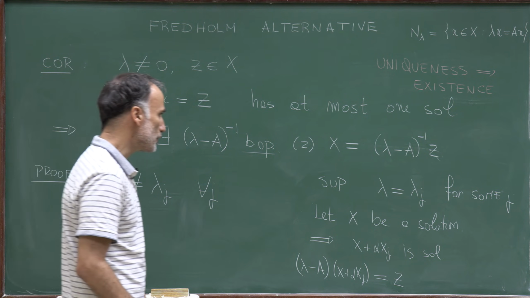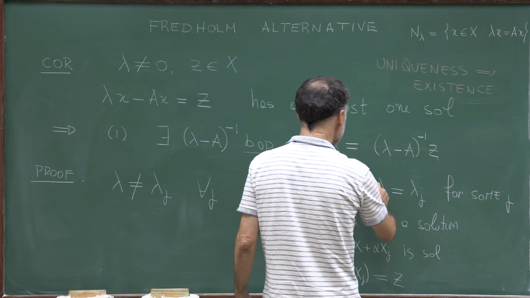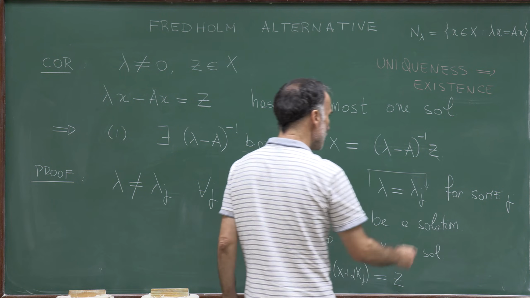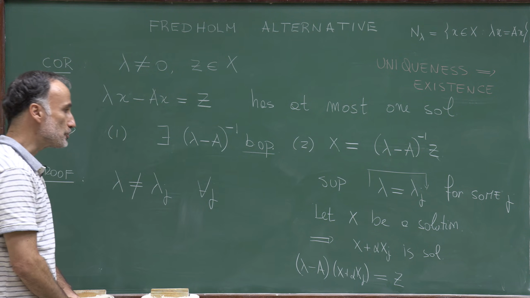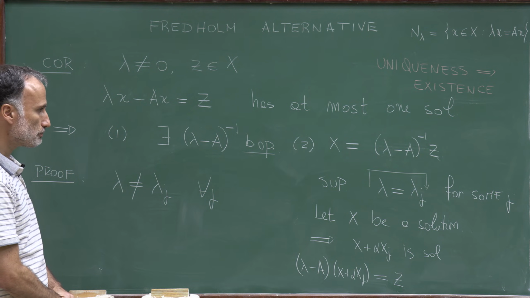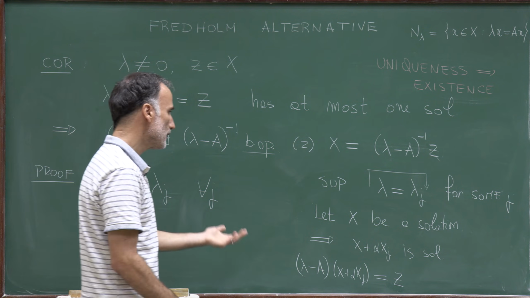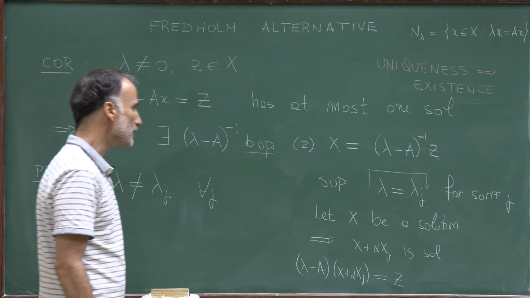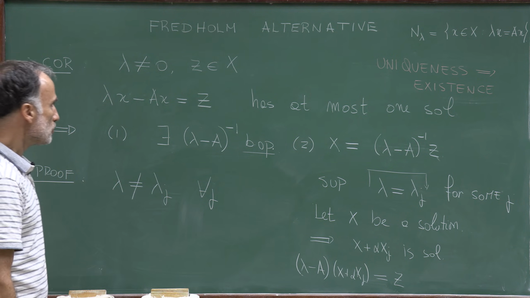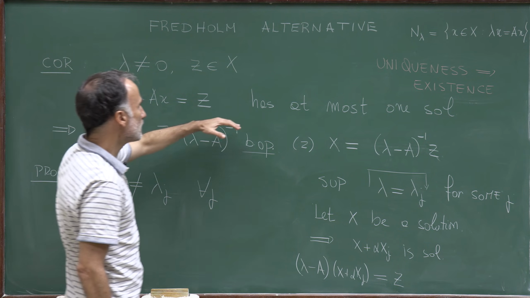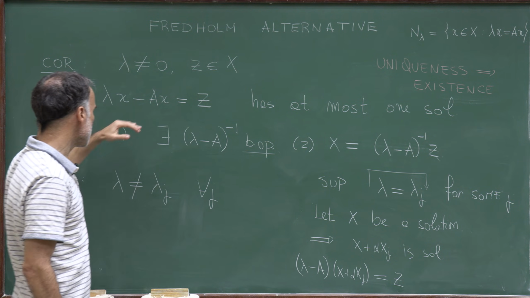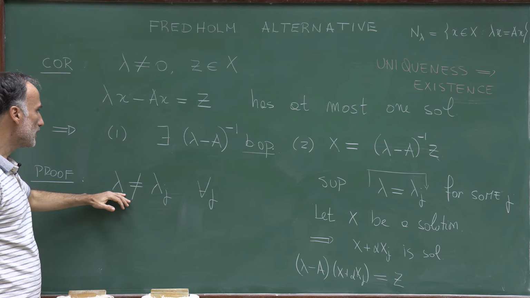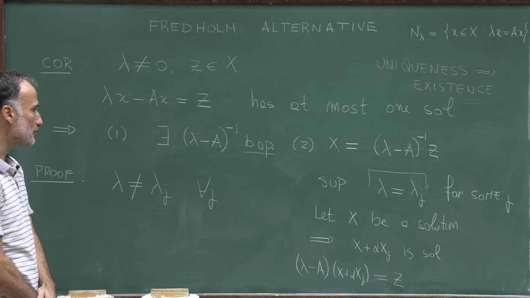So what we just proved is that if λ is equal to λ_j, then there is no uniqueness of solution. So if there is one, there are infinitely many. So the fact that you have uniqueness of solutions implies that λ is different from all λ_j.